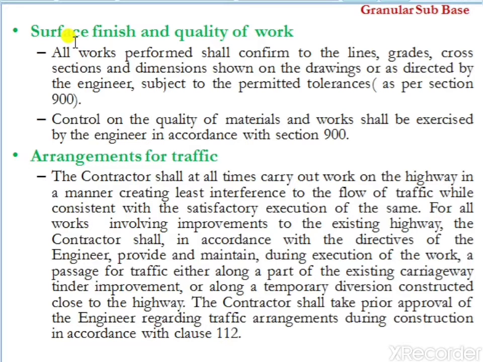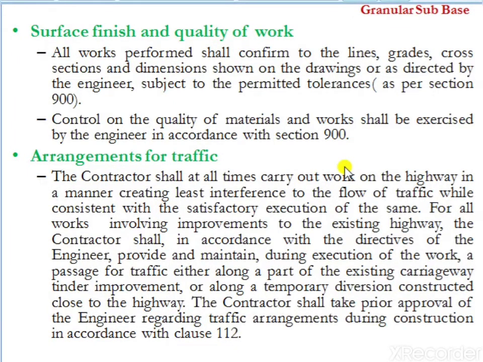For all works involving improvements to the existing highways, the contractor shall, in accordance with the directives of the engineer, provide and maintain during execution of the work a passage for traffic either along a part of the existing carriageway under improvement, or along a temporary diversion constructed close to the highway. The contractor shall take prior approval of the engineer regarding traffic arrangement during construction in accordance with clause 112.